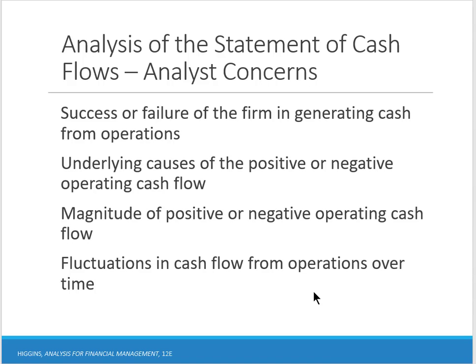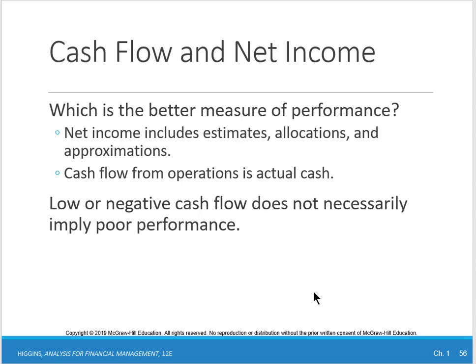We need to figure out what we're doing wrong, but we also have to know what we're doing right so we can continue to do it right. We need to know something about the magnitude and the variability of cash flows over time. This is a key metric in understanding how efficient a company is actually working.